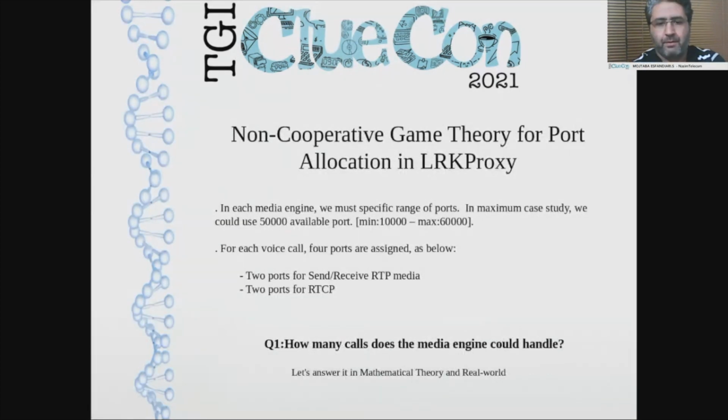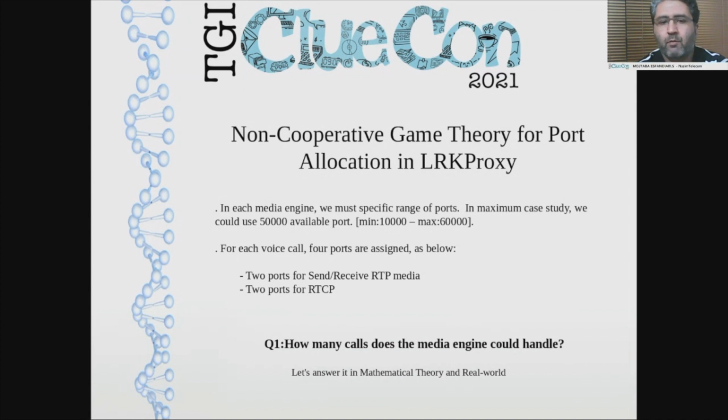This is non-cooperative game theory. In each media engine, we must specify the range of ports. In the maximum case, we could use 50,000 available ports, for example from 10,000 up to 60,000.